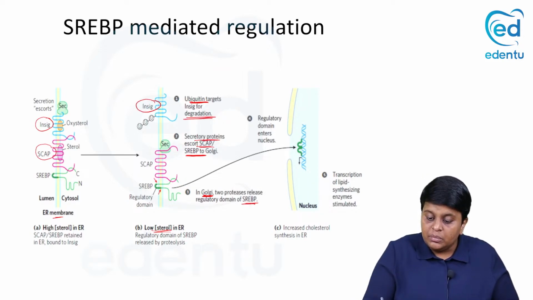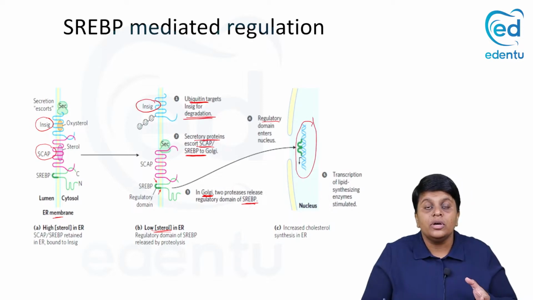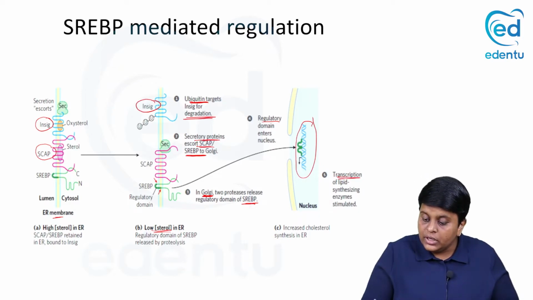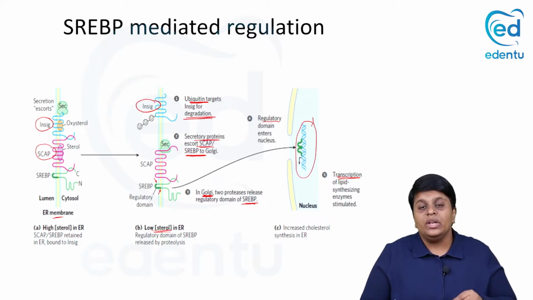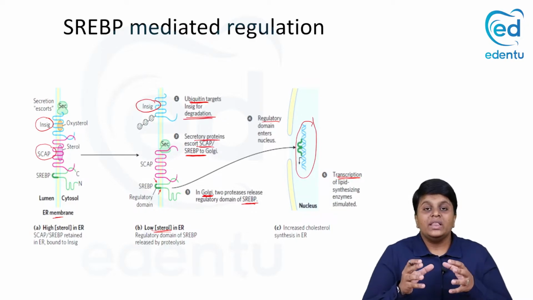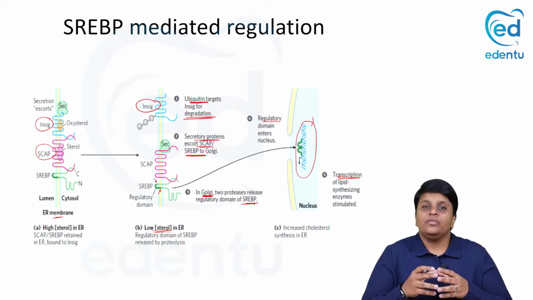Now, this SREBP regulatory domain will enter into the nucleus where the genes for the enzymes of cholesterol synthesis are located, and that will lead to increased transcription of those particular enzyme genes. This will lead to increase in the cholesterol synthesis. So, this is how the protein SREBP mediates the regulation of cholesterol synthesis.